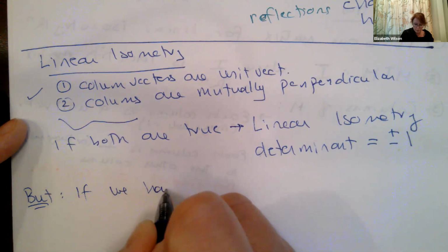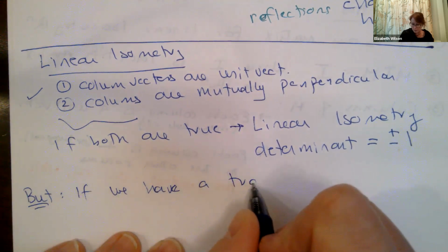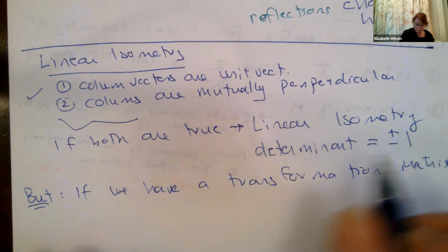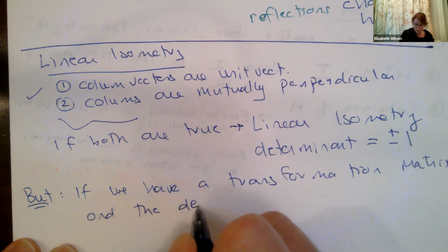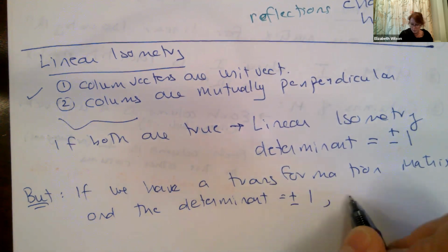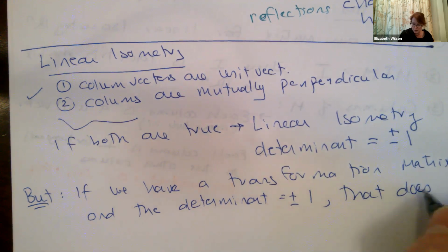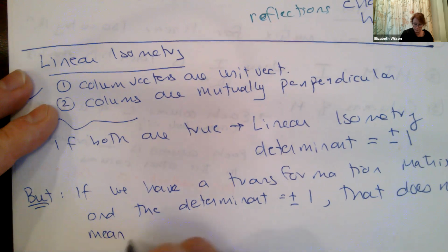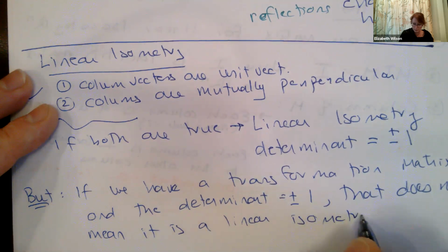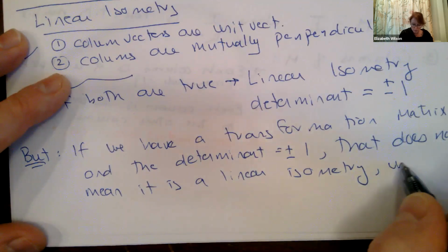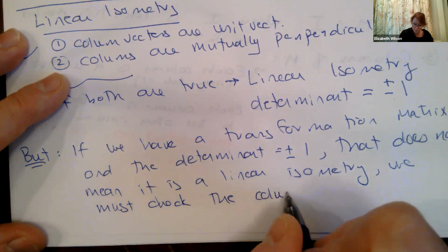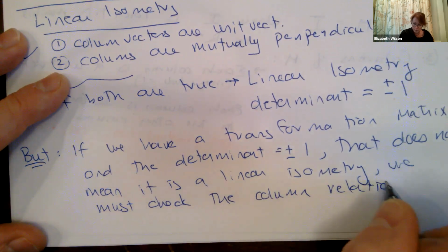If we have a transformation matrix and the determinant is equal to positive or -1, that does not mean it is a linear isometry. We must check the column relationship.